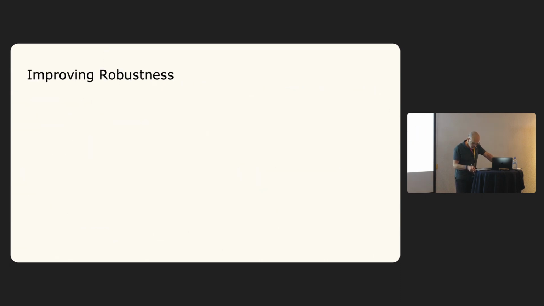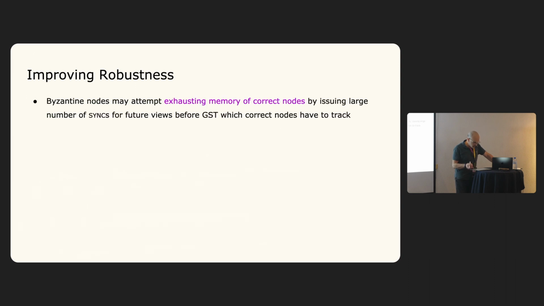Okay. So there are a few problems with this synchronizer, which we addressed in a paper in 2020. As remarked here, Byzantine nodes may attempt to exhaust the memory of correct nodes by issuing a large number of syncs for future views before GST, which everyone has to track, because in case these views would be completed to the desired number f+1 or 2f+1.